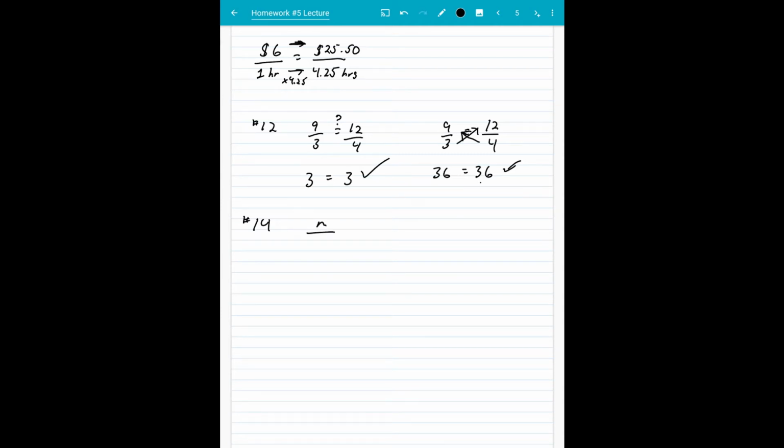This one wants us to solve for n. And this is why I introduced the algebra back in the very beginning of the class. This is proportional. It says equals. So the easiest way to solve this is to take this bottom number, multiply it with the top number, and then take this other top number and multiply it with the bottom number.